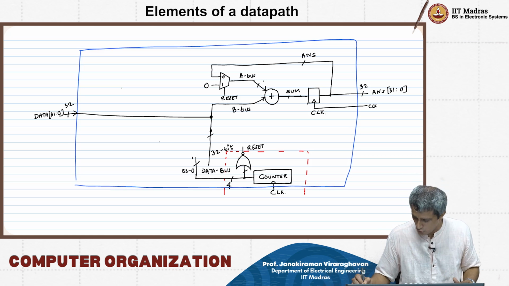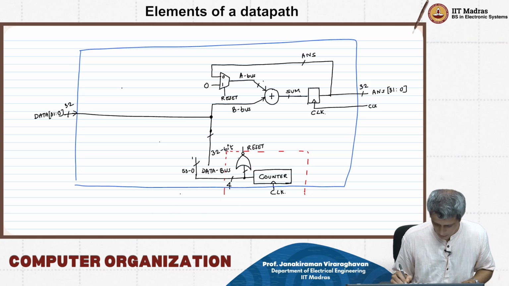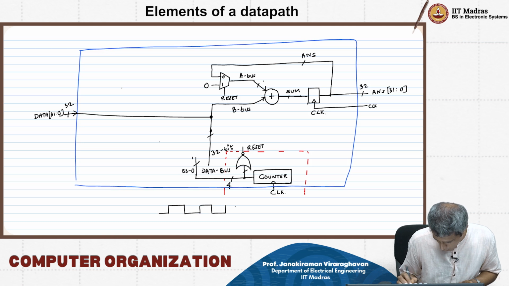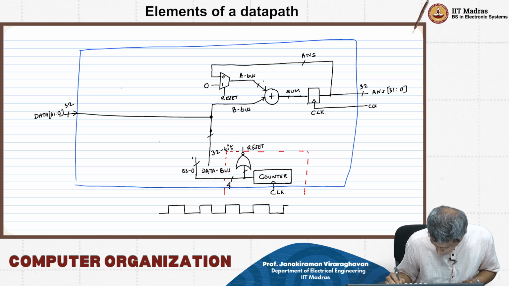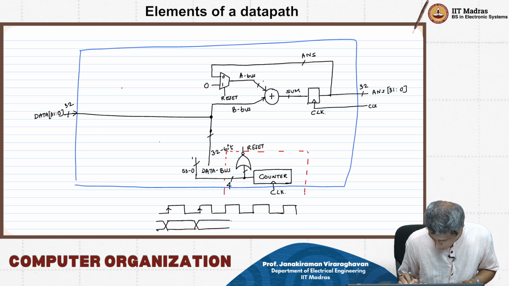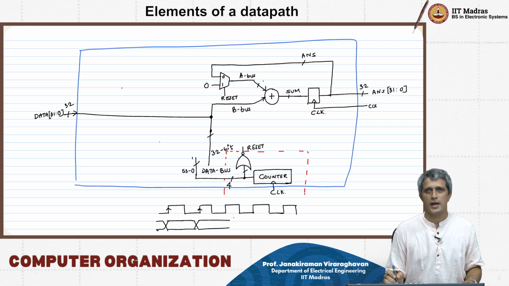So what we are assuming now is the data itself is going to come in like this. This is my clock period. So my data itself is going to stabilize like this. We are assuming that that is taken care of.